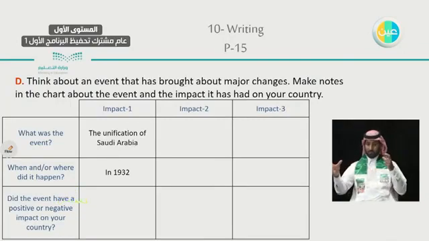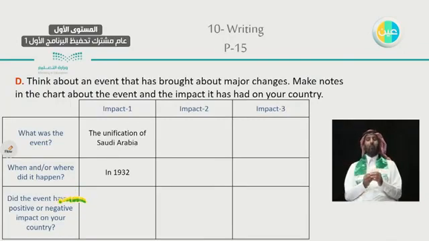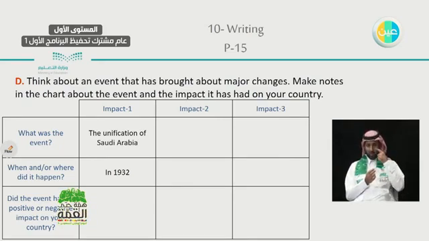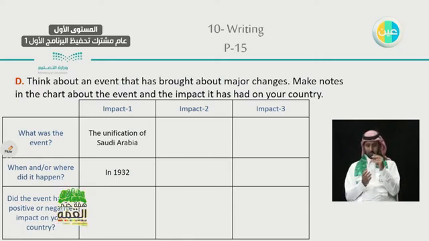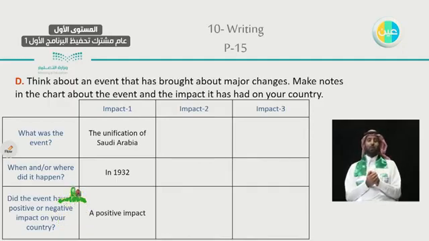In 1932, when the Kingdom of Saudi Arabia was announced with the Quran as its constitution and law, and we have Arabic as the national language. And did it have a positive or a negative impact on your life and on your country's future? It has a positive impact.